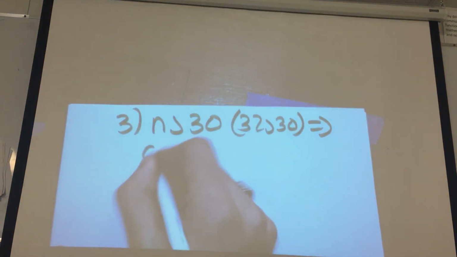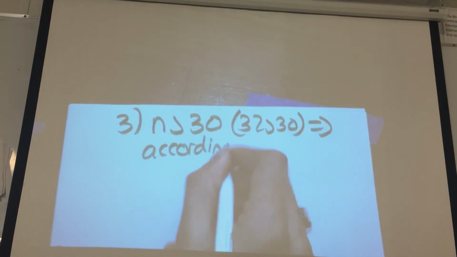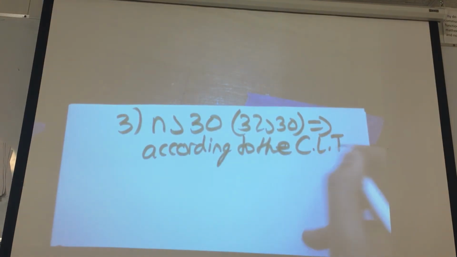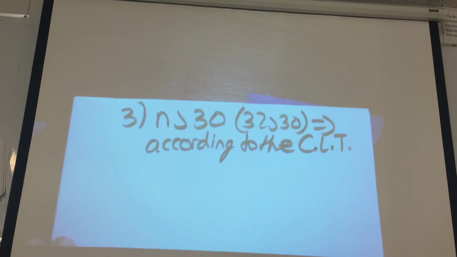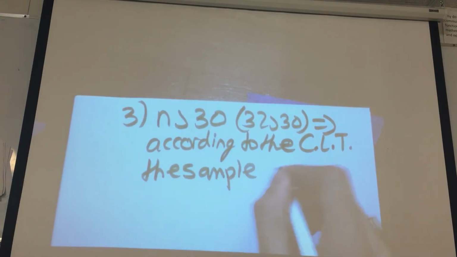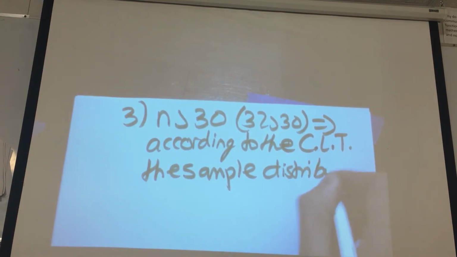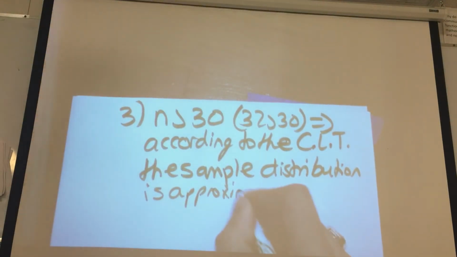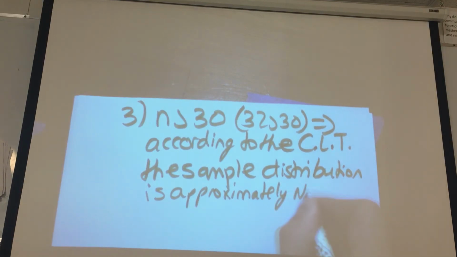Therefore, according to the central limit theorem, and if you want to abbreviate CLT, it's okay, the sample distribution is approximately normal. All right, those are our 3 conditions.